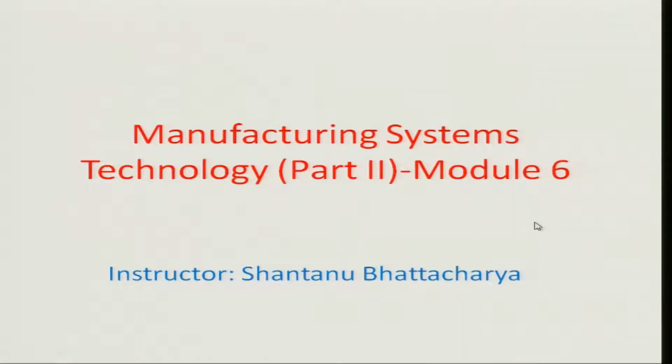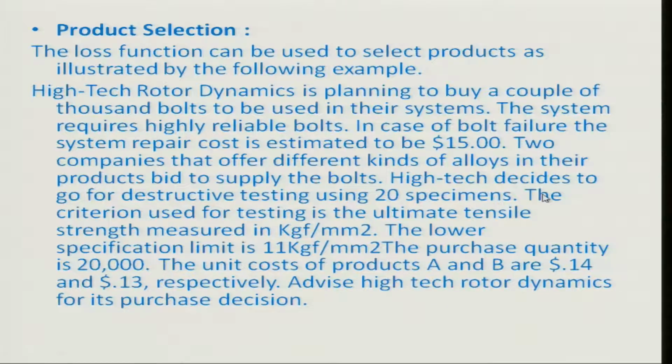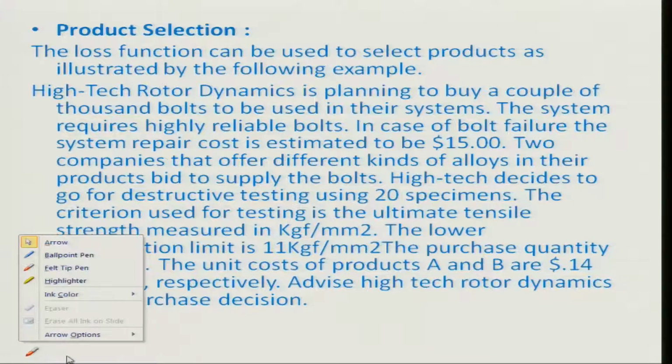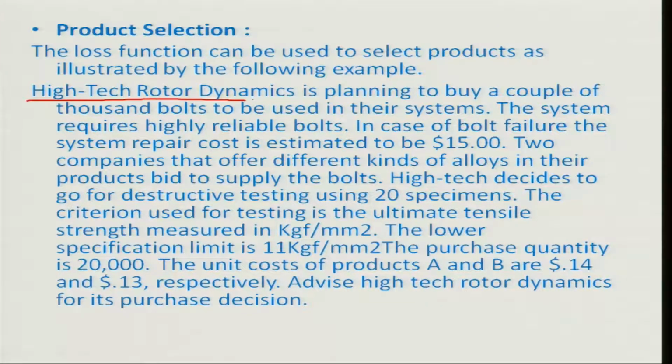We were talking about a problem example where we wanted to make a selection decision between two different vendors from this company Rotor Dynamics, and there were certain criteria used for judging whether product A or B is better. One of them was the ultimate tensile strength, measured in kg force per millimeter square.